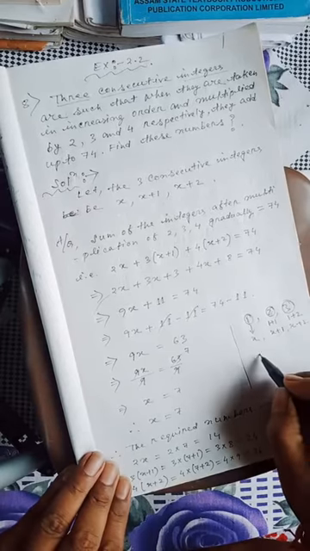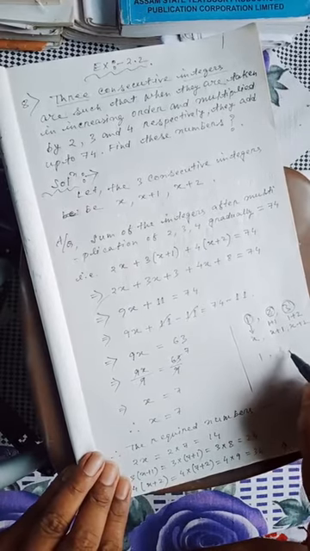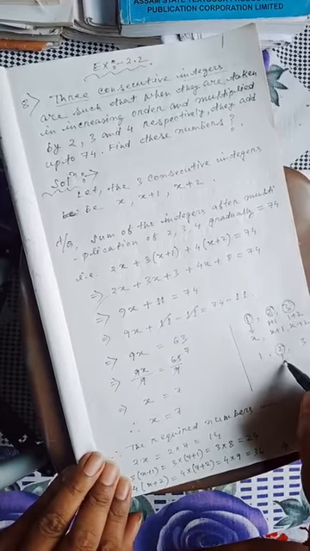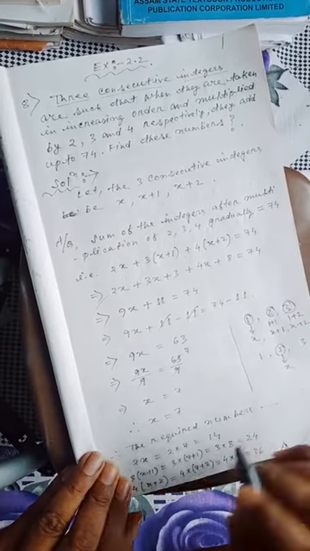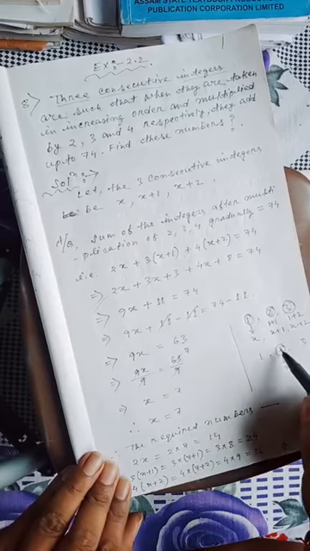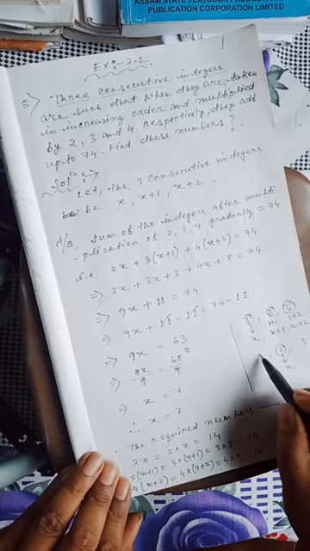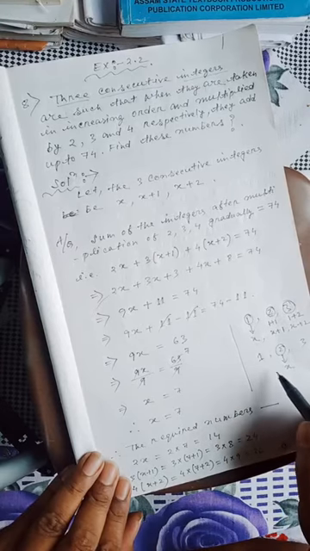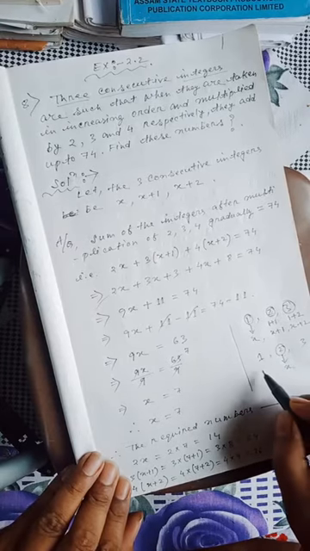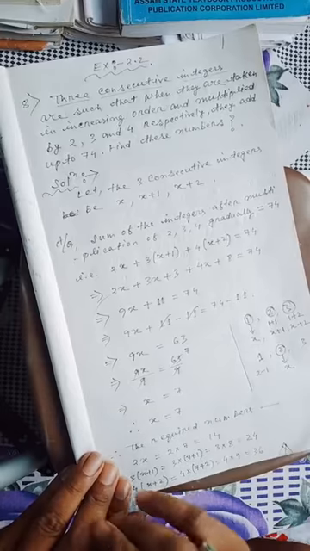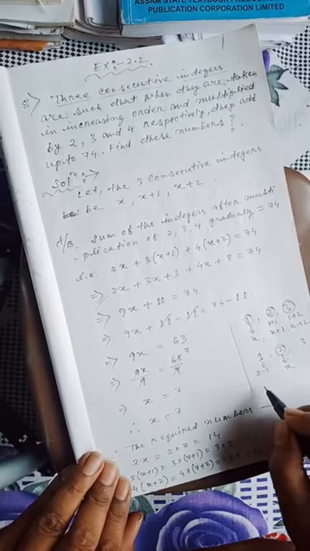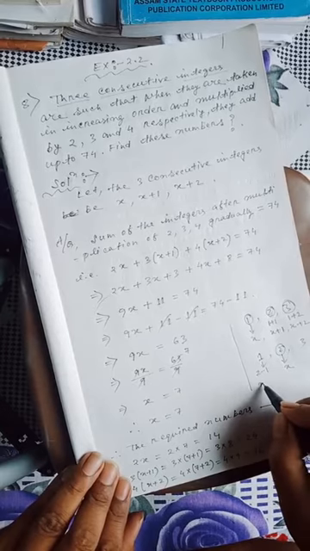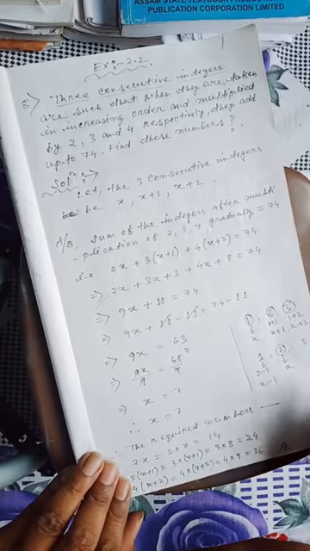Or suppose I am declaring 1, 2, then 3, and the middle one I declare as x. Now we have to express 1 in terms of 2, like this: 2 minus 1. Since 2 is x, in place of 2 we write x, so x minus 1.